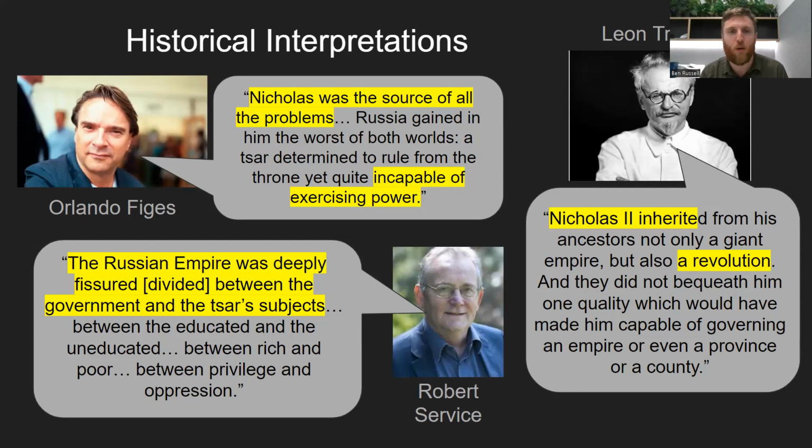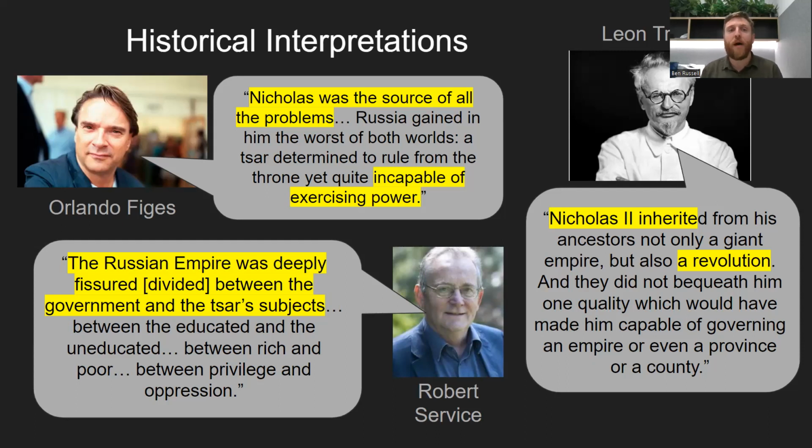Robert Service said the Russian Empire was deeply fissured, which means divided, between the government and the Tsar's subjects, between the educated and the uneducated, between rich and poor, between privilege and oppression.